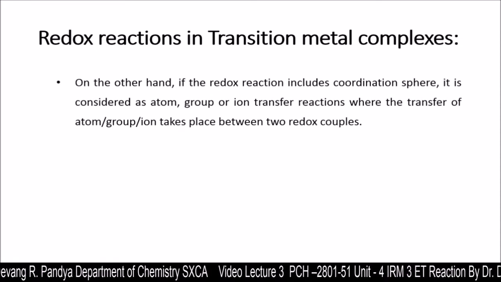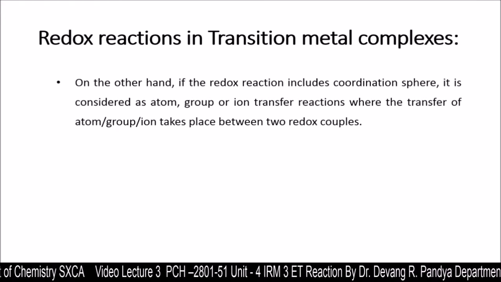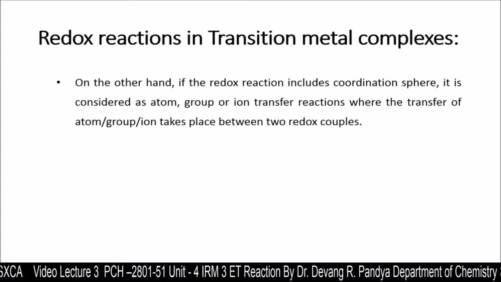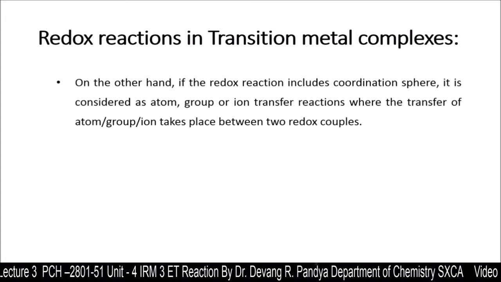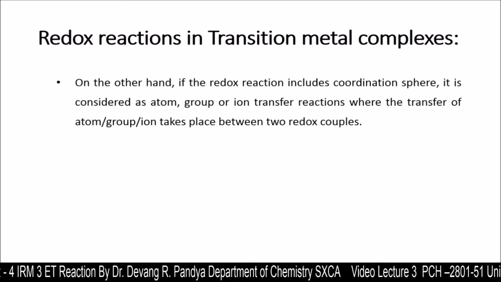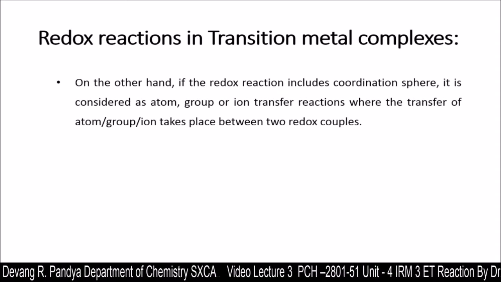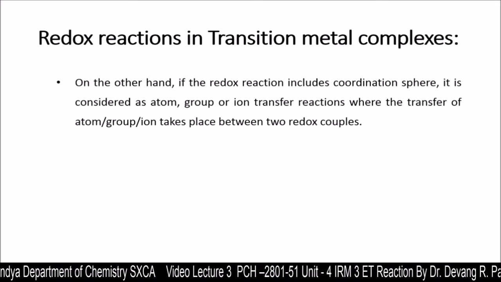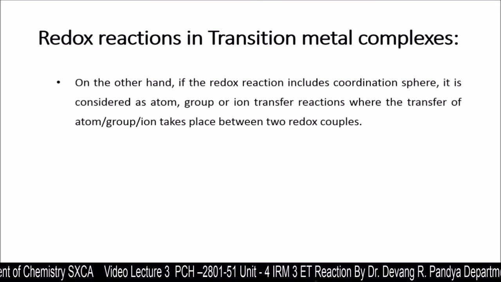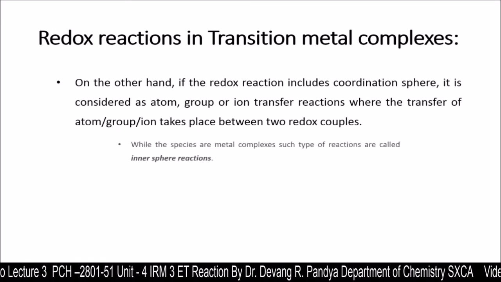On the other hand, if the redox reaction includes the coordination sphere, then the outer sphere may change to the inner sphere. If it includes the coordination sphere, it is considered an atom, group or ion transfer reaction, where the transfer of an atom, group or ion takes place between two redox couples, and for that it requires some medium, where you can use a bridging ligand.